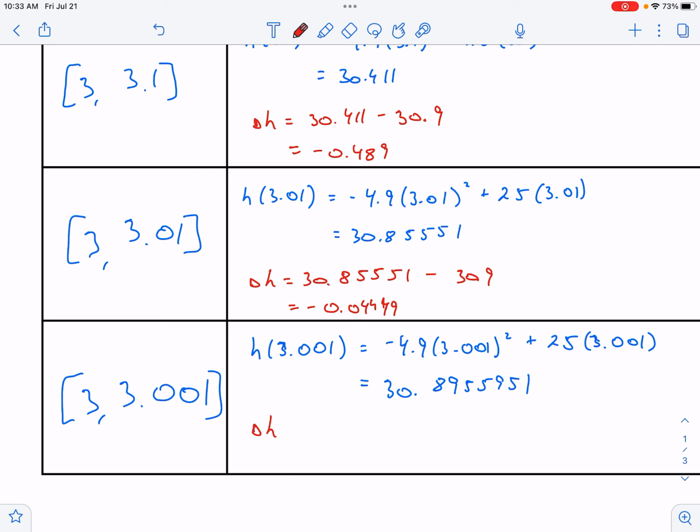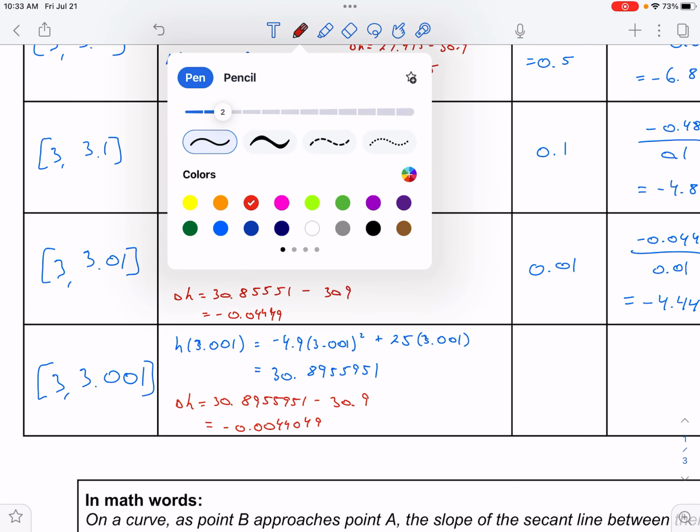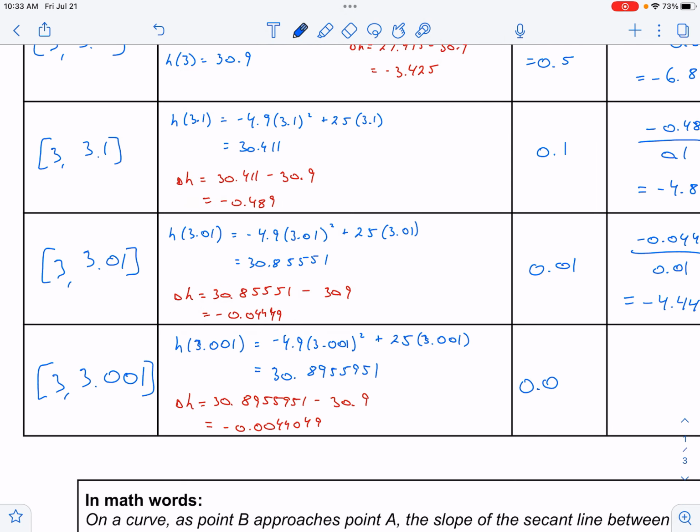Delta h is 30.8955951 take away 30.9, which is negative 0.0044049. This time our delta t is 0.001.